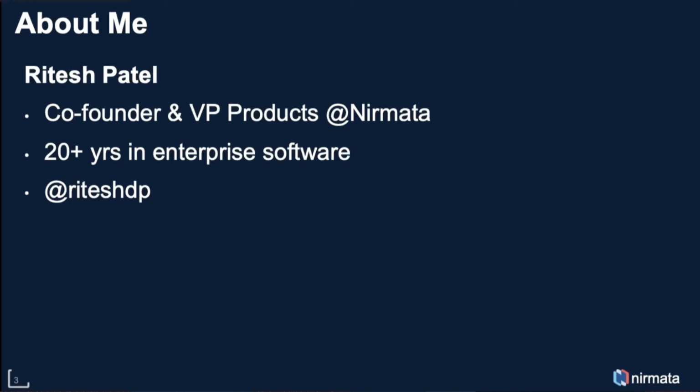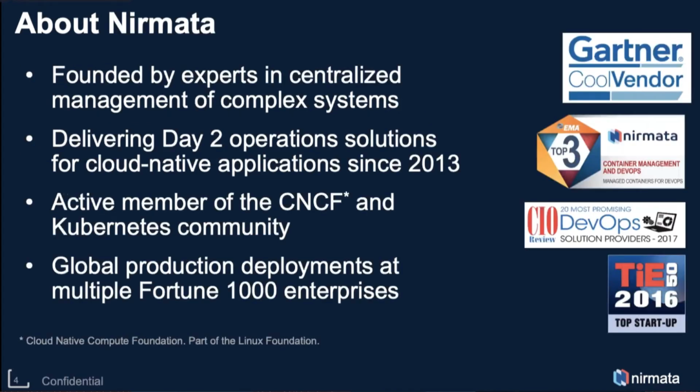Prior to Nirmata, I was at several companies, including Brocade and Trapeze, mainly focused on software, leading software teams and delivering products. Nirmata is a company I started along with a couple of co-founders in 2013. And we started Nirmata to mainly focus on simplifying operations for cloud native applications.